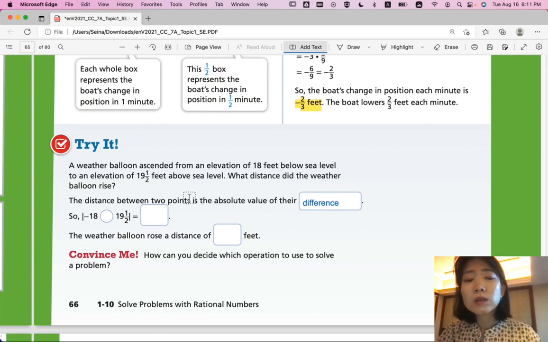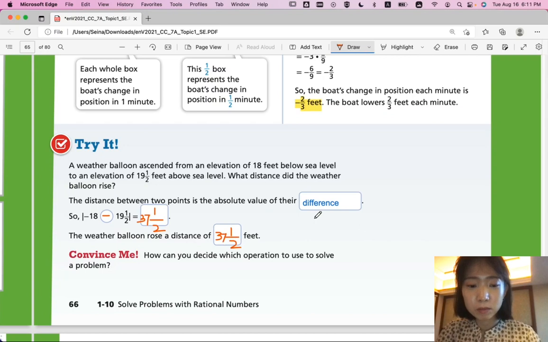So, absolute value of negative 18 minus 19.5 should be positive 37.5. So the weather balloon rose a distance. Distance is always positive. That's why we use absolute value. Distance of 37.5 feet.